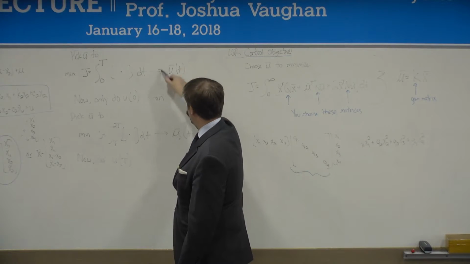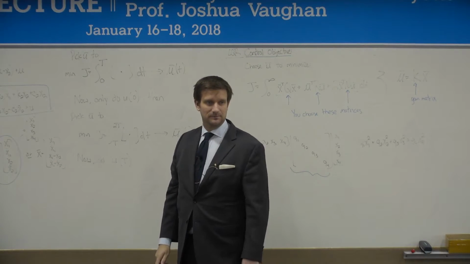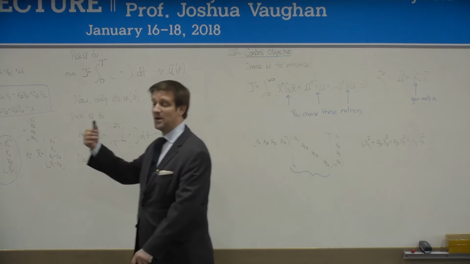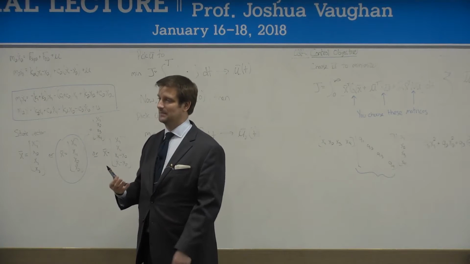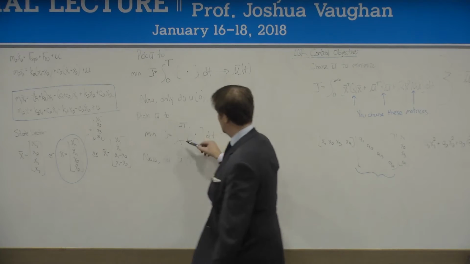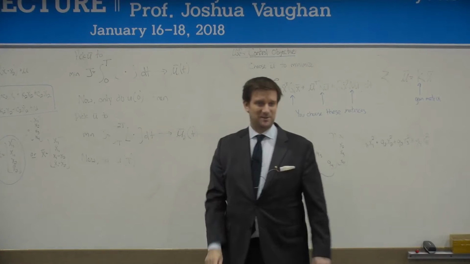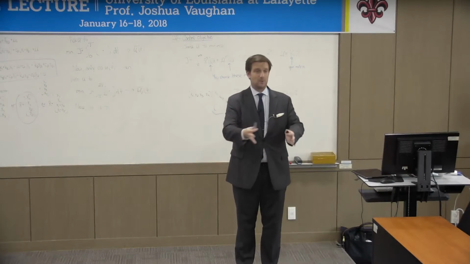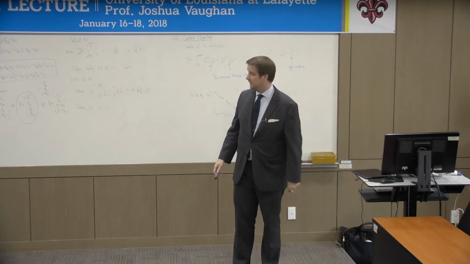Get an optimal input for my system, but I only do the first part of it until I take another measurement of my system. I take the measurement of my system now, resolve the optimization problem to figure out the optimal input to push me towards where I want to be. Okay?